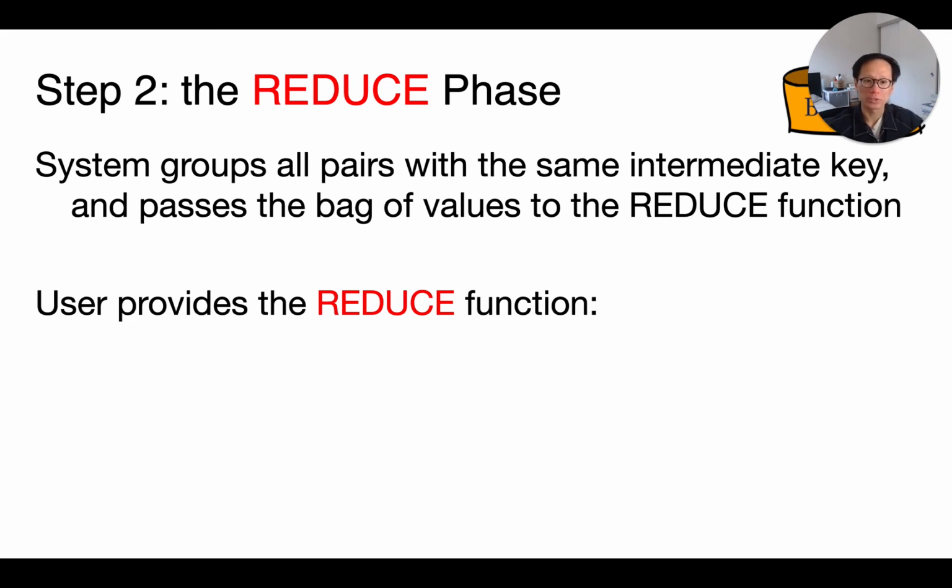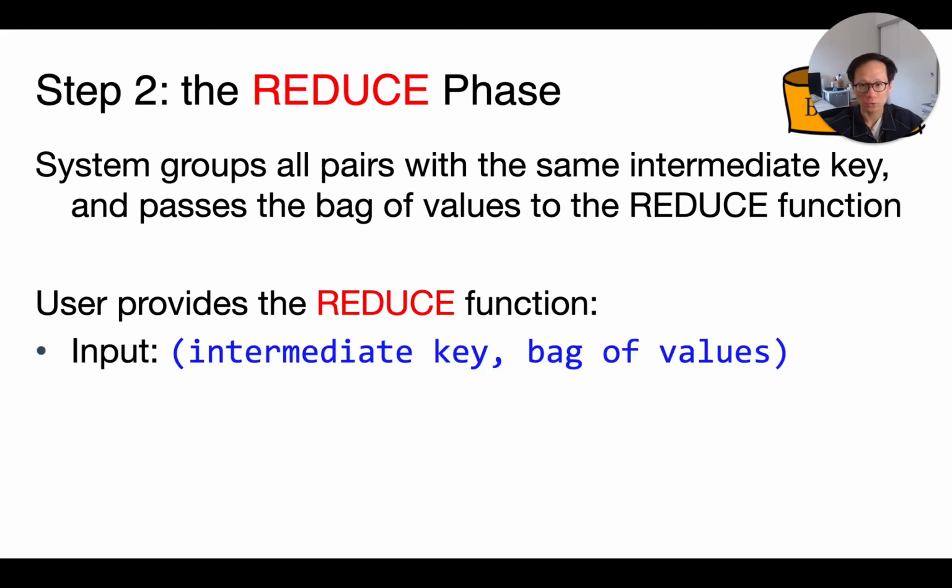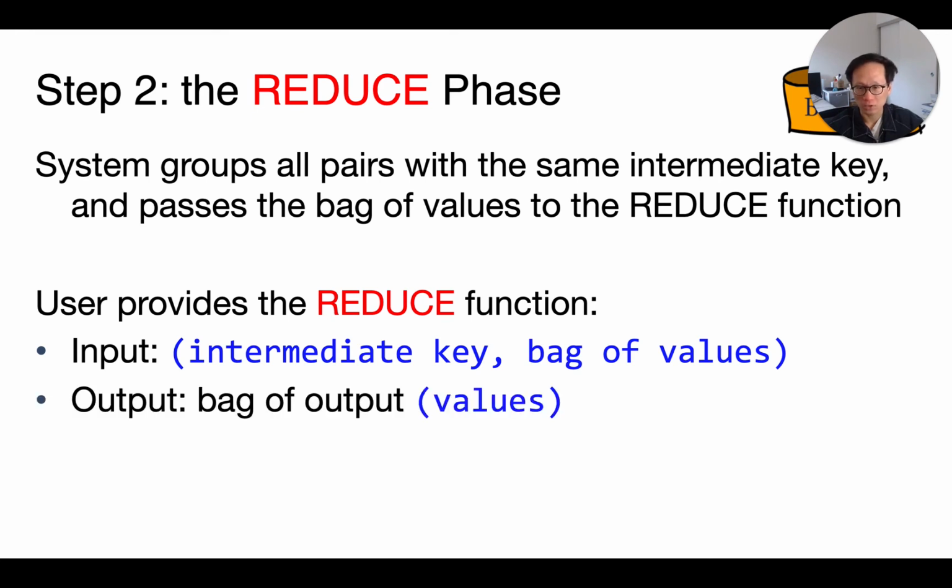Here, the reducer takes in a bag of values that share the same key, and it outputs one or more values as the final output, with again the key being optional here. And like the map phase, the reduce phase can also be run in parallel, with a machine or a worker thread processing a single group of values that share a common key.